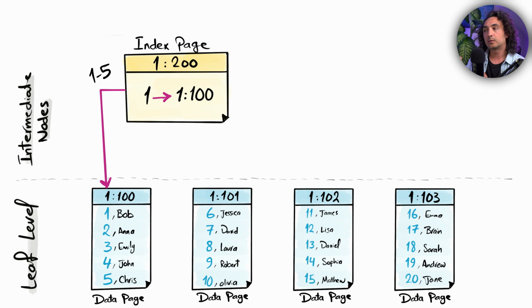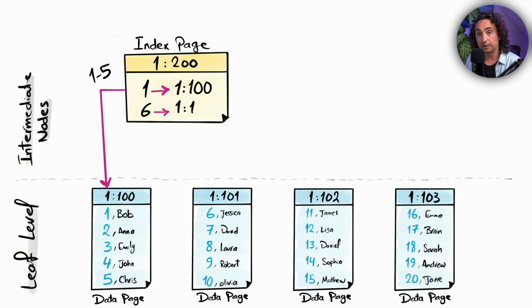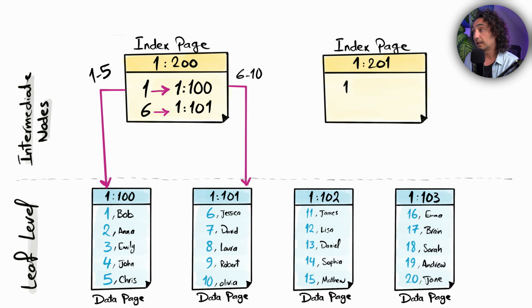And then we can store in this index page another pointer where we tell SQL, if you are searching between 6 and 10, then you can locate it at the second data page. So this is the structure of the index page. It contains only pointers to another page. And the same thing for the second two pages. SQL is going to create another index page where it says, if you are searching for IDs between 11 and 15, you can find it at the third page, 100.102.